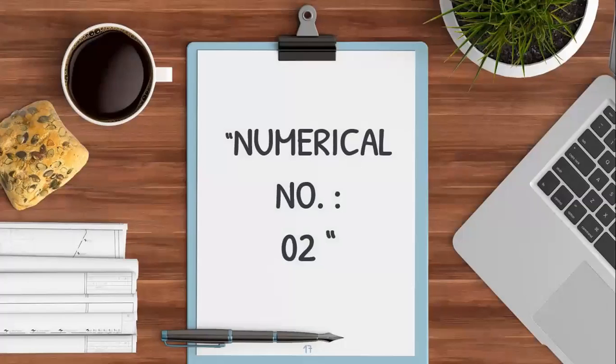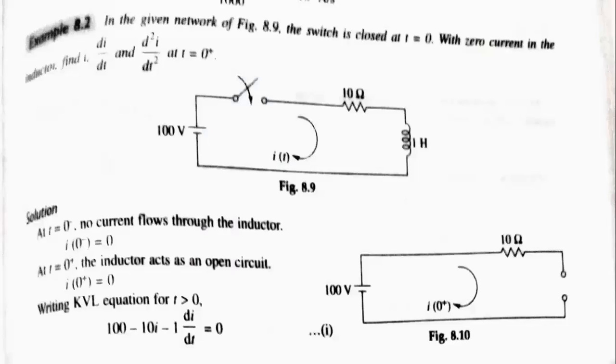Go for the next numerical, number 2. All of you note down fast. In the circuit shown below, the switch is closed at t is equal to 0.